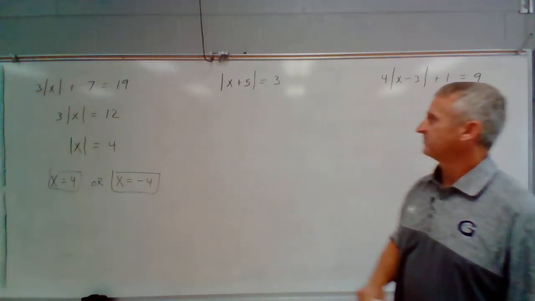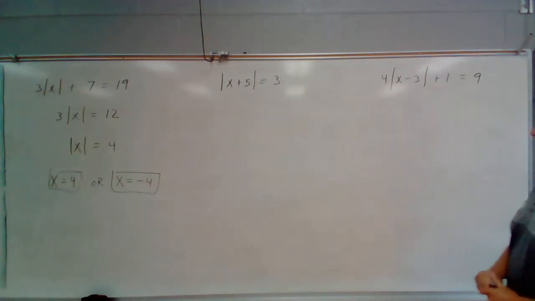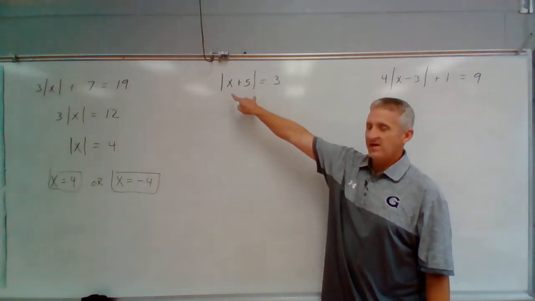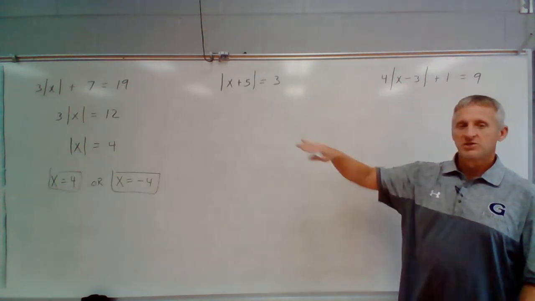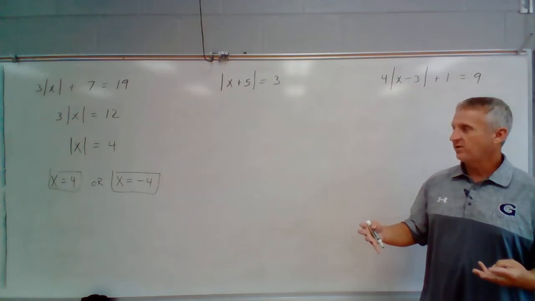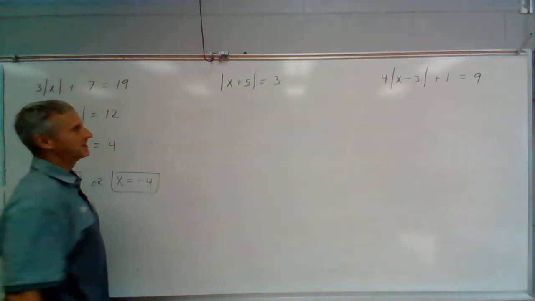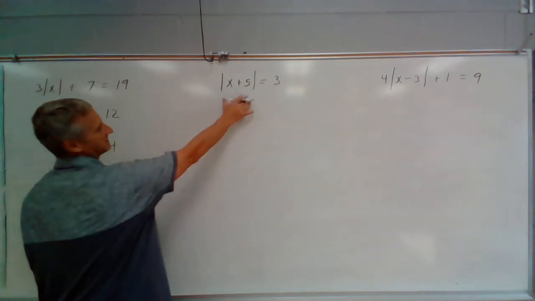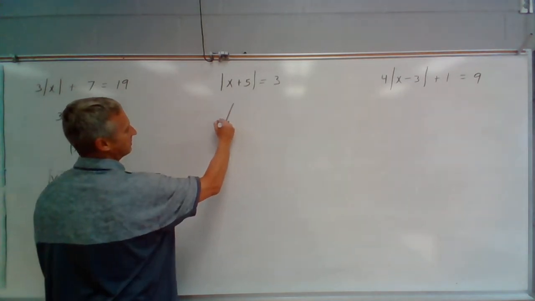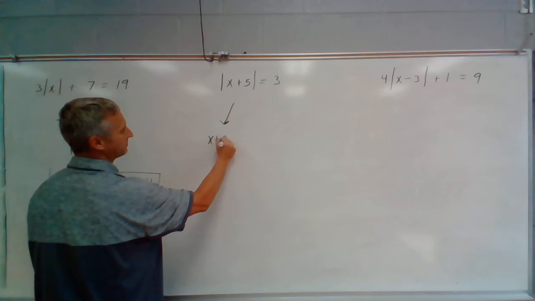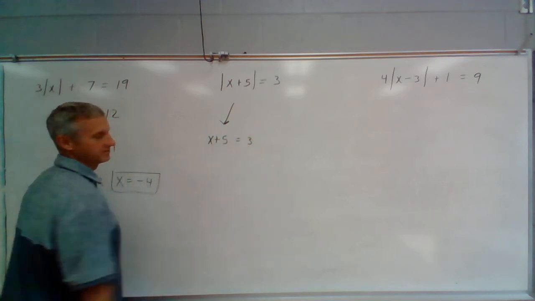Okay, let's look at the second one. Okay, the absolute value is already isolated by itself. So we're going to go ahead with our 2 possibilities. So possibility 1 is that everything inside of here is positive. If that's the case, it stays the same. So x plus 5 equals 3.